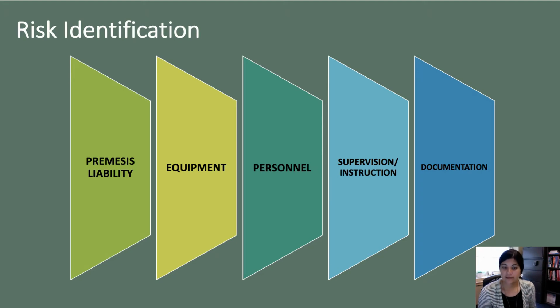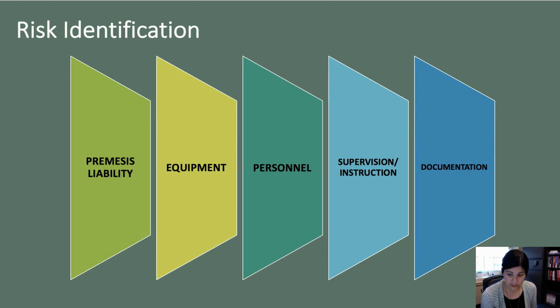Okay, so those are our 5 categories of risk identification. Again, when you think about going into an organization blind and trying to assess risk, it could be an overwhelming process. So I always tell students, when you go in to assess risk or identify potential risks, use this as a guide, right? Think about these 5 categories of risk and go from there rather than just starting from scratch. Maybe start big with premises liability, doing a walkthrough, and then go down from there, right? Then focus on the equipment.